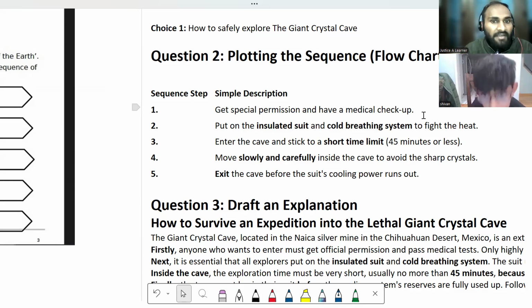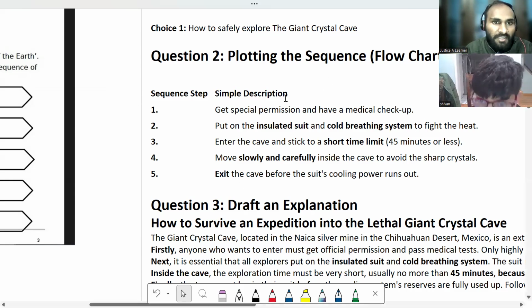Third, you have to travel through the whole cave within the time period of 45 minutes, not more than that, because you can't survive more than that, even with the protective clothing system. Fourth, you will move slowly and carefully, because the crystals are very sharp, as we could see in the picture. And then we will exit the cave before the suit's cooling system runs out. So that is the plotting idea, and we will work in this sequence.